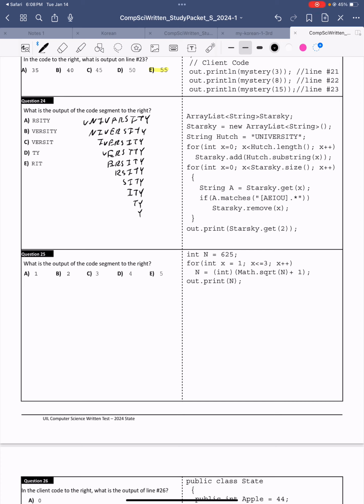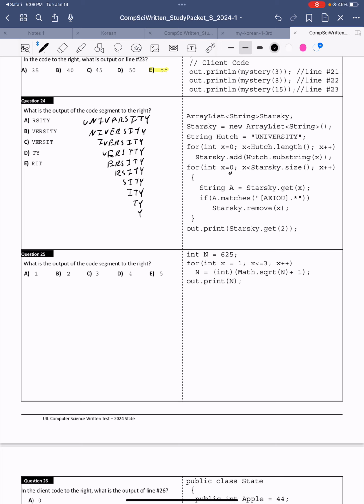Okay, and now this is where we got to know regex, but basically it's just asking, hey, does it start with a vowel? So we start at the first one, right? Because we start at 0. So is there a vowel in university? It's like, yeah.